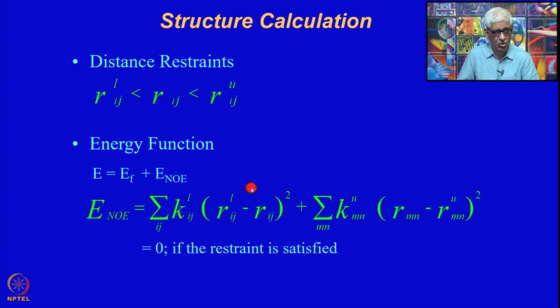If the violations are all removed, then your energy function has to be 0. Therefore, on your computer, you have to keep optimizing your structure until you reach a stage where all the distance constraints defined here are satisfied. Once they are satisfied, ENOE is 0, and that will be an acceptable structure for you.